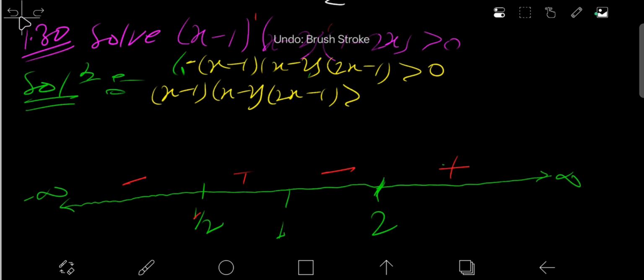Why less than 0? Because when we multiply an inequality by a negative number, the inequality sign is reversed.